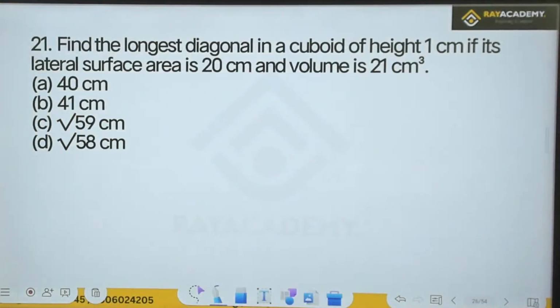Next question: find the longest diagonal in a cuboid of height 1 centimeter if its lateral surface area is 20 centimeter and volume is 21 centimeter.